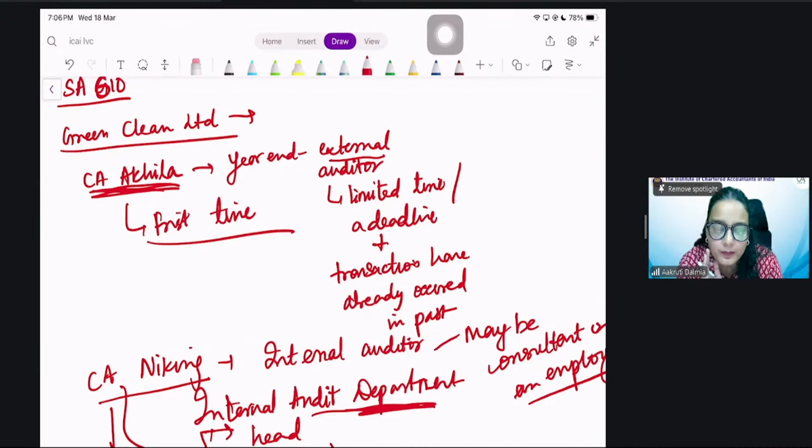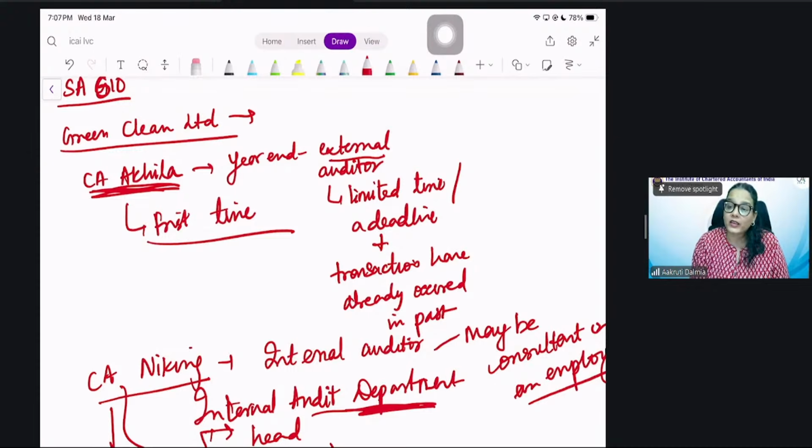Is it possible? See, Akhila will think what? That internal auditor Nikunj has prepared reports every week for whole year. Let me read those reports so that it can give me a direction. It can help me understand the entity. It can help me know what were the major problems. And I can use that information to help me plan my audit. Yes or no? CA Akhila can do that.